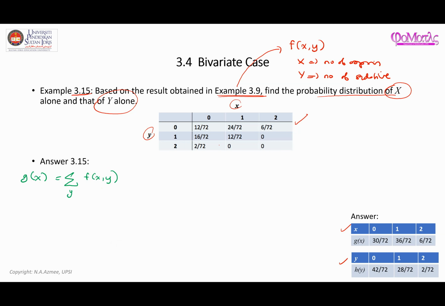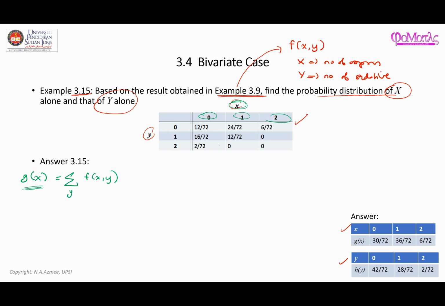So what does it mean really? When you talk about g(x), you're thinking about what values x can take. You can see clearly from the table here that the values of x can be 0, 1, or 2. And we're going to consider that one by one.